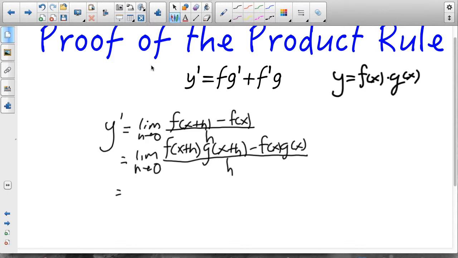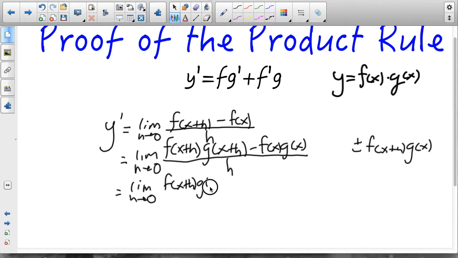So the technique that we use is we have to use this guy. So we have to add and subtract f of x plus h times g of x. So what we're going to do is I'm going to throw this guy right in the middle here, and hopefully we can get something good to work out here. So let's give it a shot. So the limit as h goes to 0 of f of x plus h times g of x plus h. So then I'm going to change the color of my marker, and I'm going to add in this.